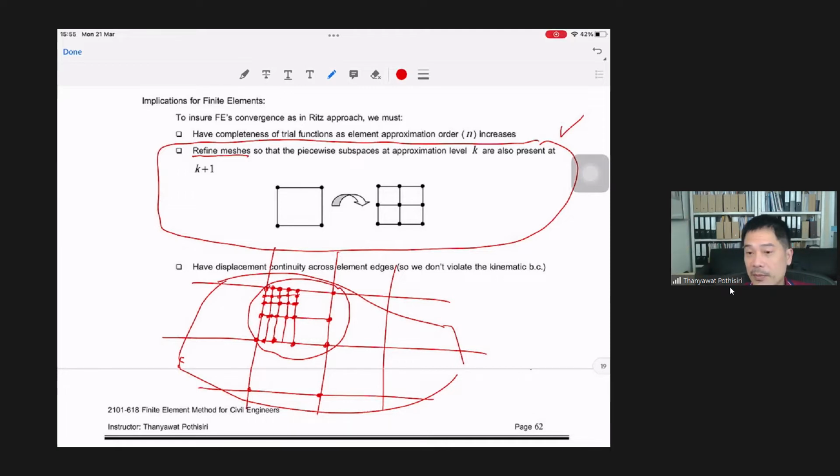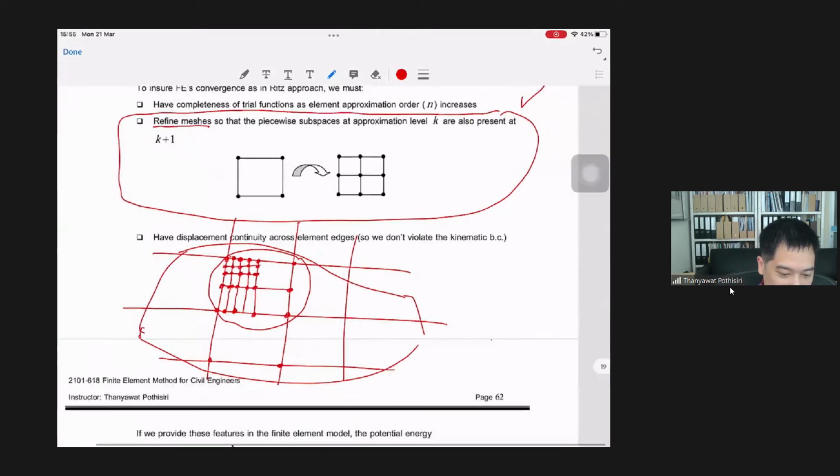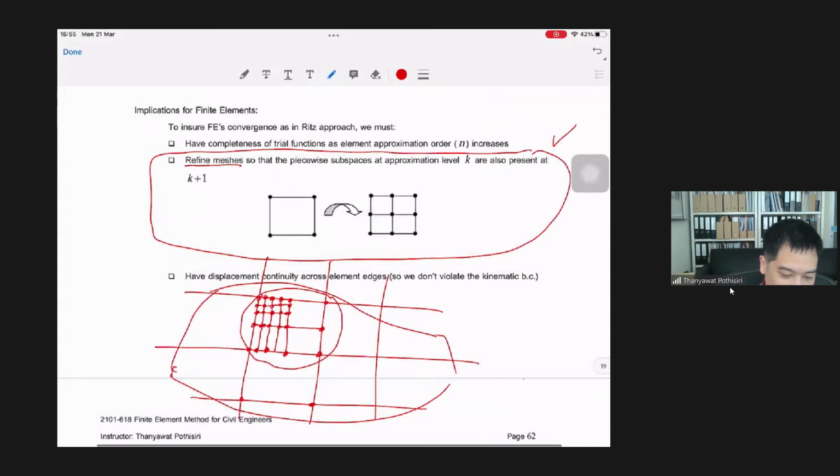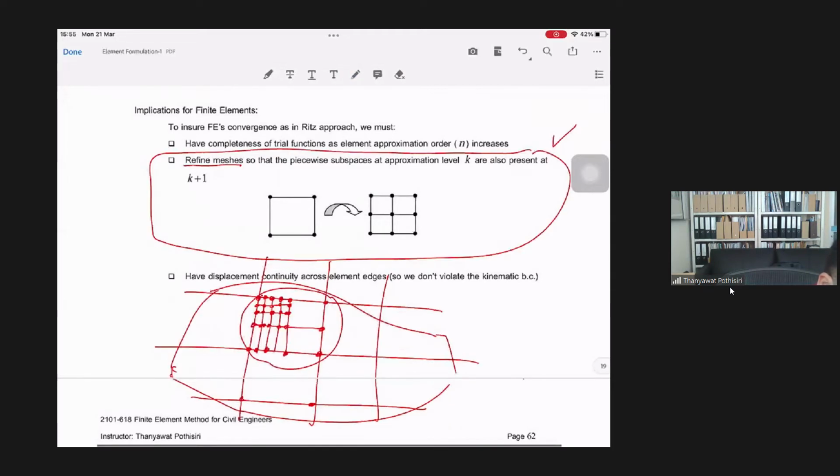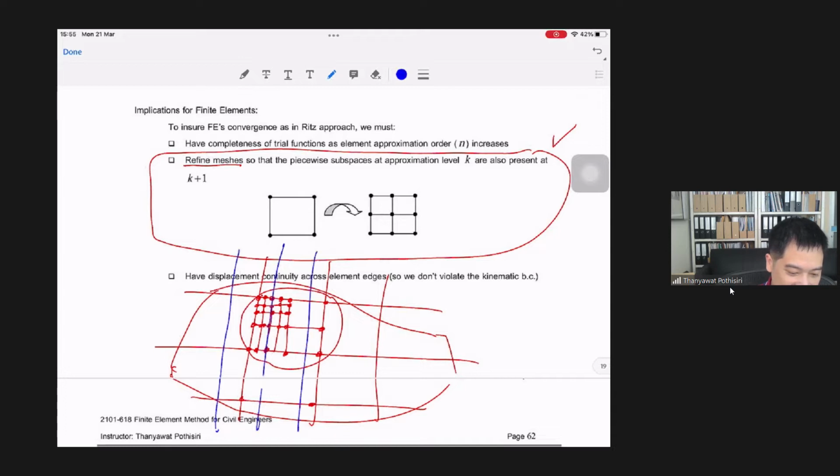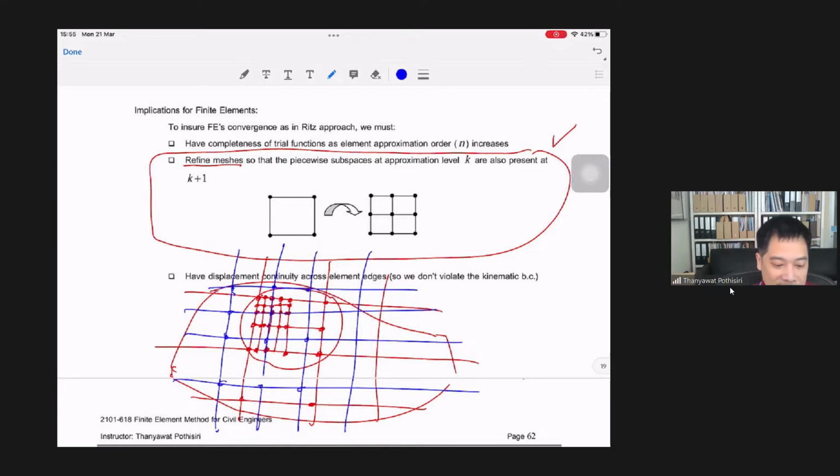But if you refine it in a different way, for example, if you say I'm not going to refine my mesh like this, but I can also create an entirely different mesh, by ignoring the mesh in my previous step, which many computer programs would do.